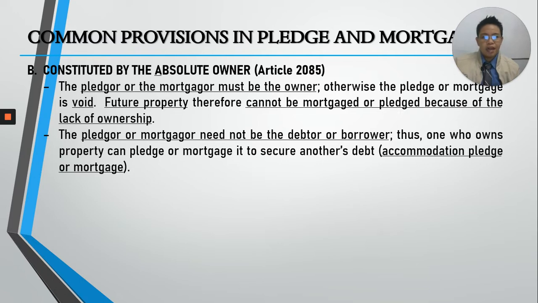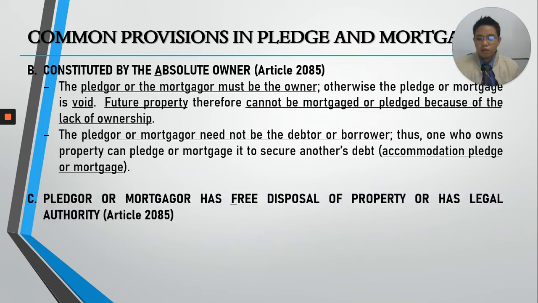Tapos, yung pinagsasanglaan, syempre, ang tawag pa rin sa kanya ay pledgee. So, yung nagsangla, accommodation pledger, yung may utang na sa kapakanan niya nangyari lahat ng mga bagay na to, is known as your accommodated debtor-pledger, and also, syempre, yung creditor who is also yung pledgee. So, yan ang mga parties mo. Same is true in case of a mortgage.